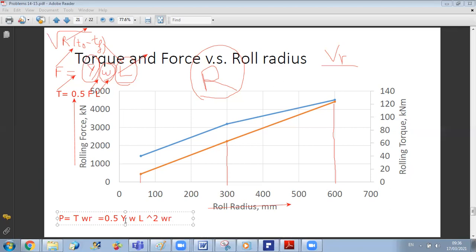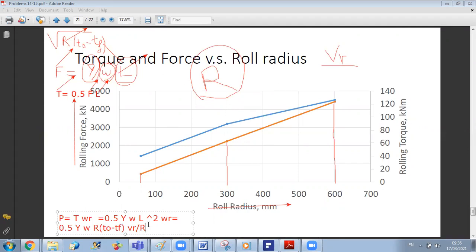So here you can replace L square by what? L square is R times T0 minus Tf. If I replace L square by its value, I get that the power is 0.5 times Y times omega, which is the width, times L square, which is R times T0 minus Tf. While my angular velocity is calculated as the linear velocity of my roller, VR, over radius.